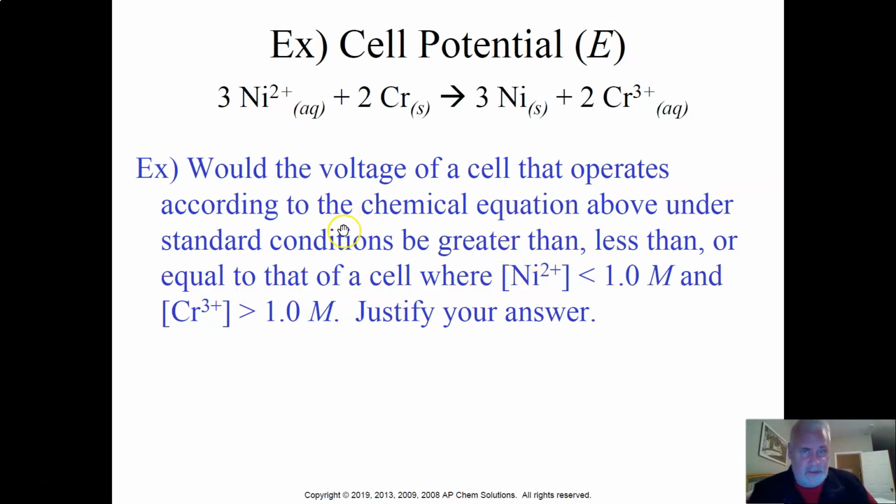So this first one is a standard cell, and the second one is the nickel plus 2 is going to decrease. It's going to be less than 1. And the chromium is going to increase and be greater than 1.